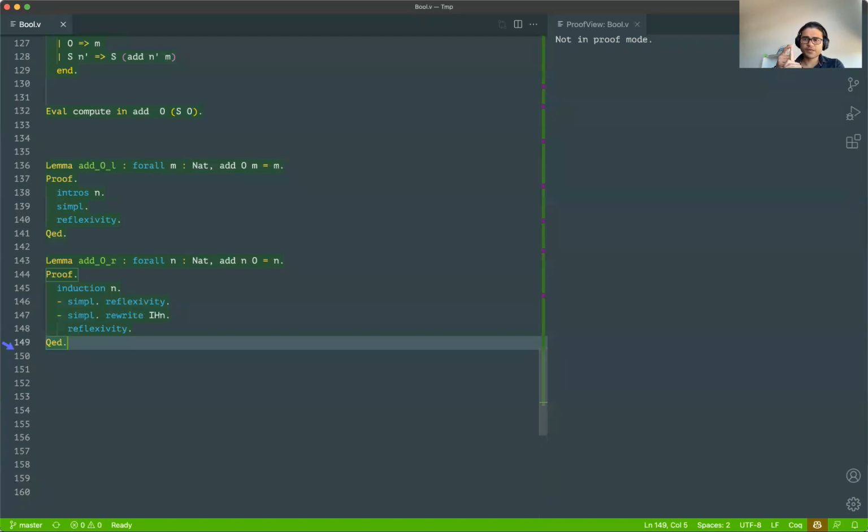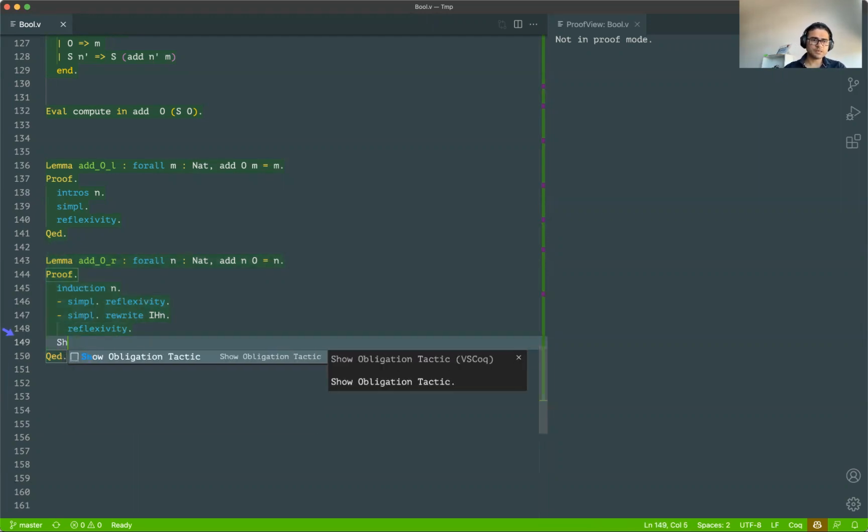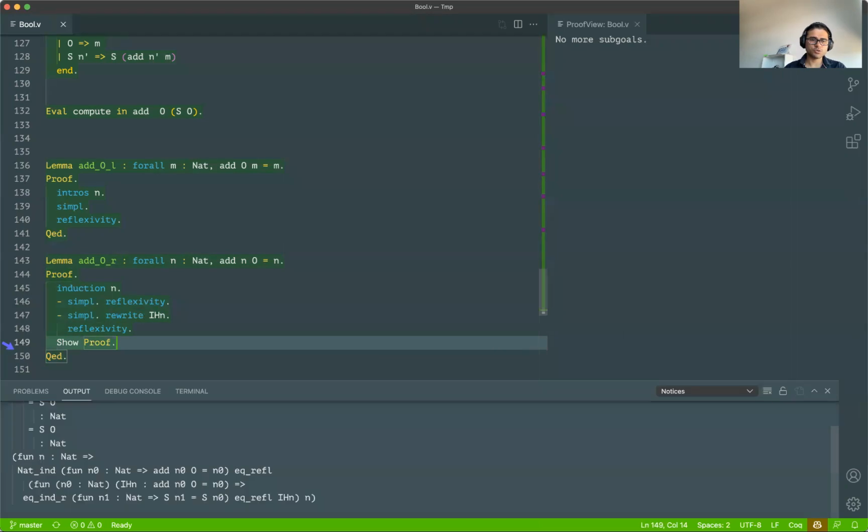So far, we defined natural numbers, we defined the addition function, we proved two lemmas, that O plus M is equal to M and N plus O is equal to N. And this is the first time we introduced induction. If you want to see the proof, let me show you the proof term.